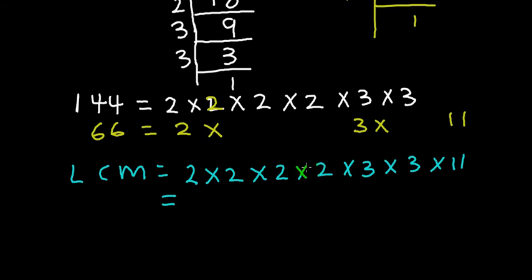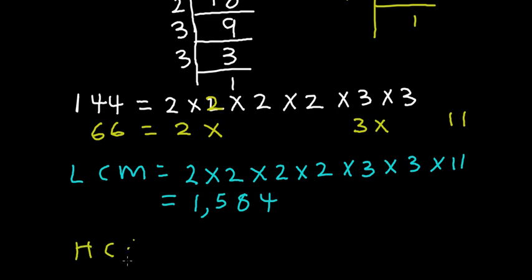So 16 times 3, that's 48. 48 times 3, that's 144. 144 times 11 gives us 1584. Okay, so the LCM is 1584.